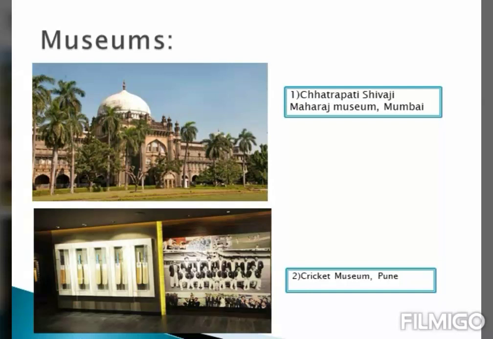Apart from the government museums, some private collectors also set up their own museums. They are based on distinctive subjects. Example, coins, notes, lamps, and nutcrackers in different shapes, and cricket, etc.